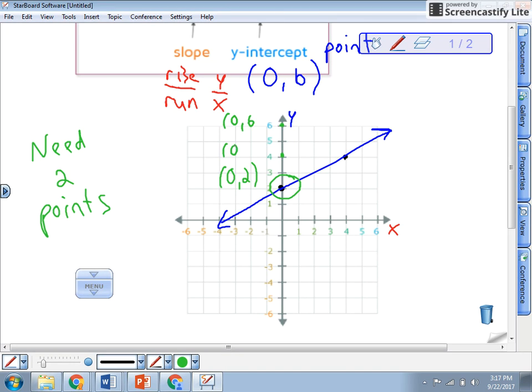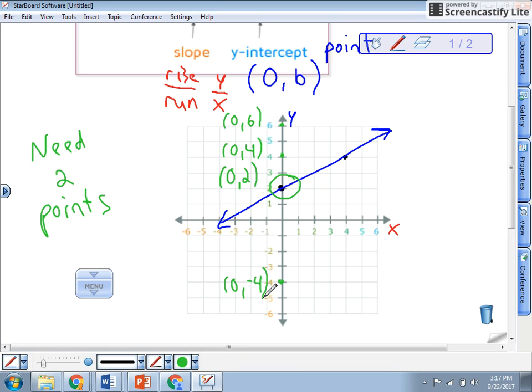This one right here is (0, 4). Down here, if that crossed the y-axis down there, it'd be (0, -4). So anywhere on the y-axis, the x value is always 0. That's why we put a 0 there automatically for the y-intercept point, because the x value has to be 0. So if you see an ordered pair with x is 0, you know that's the y-intercept.